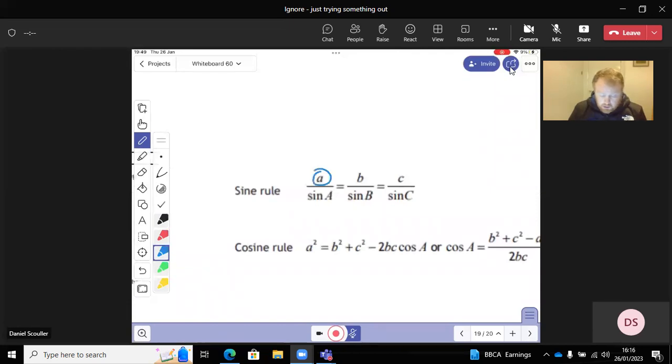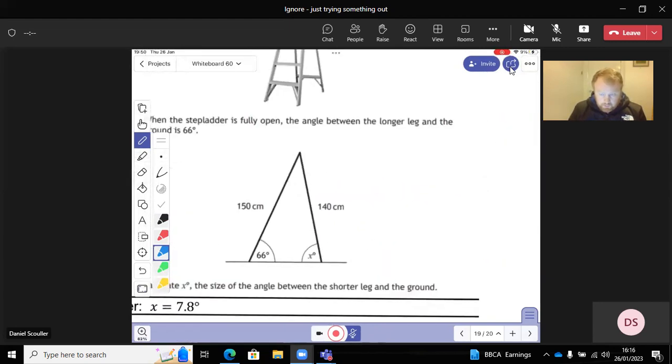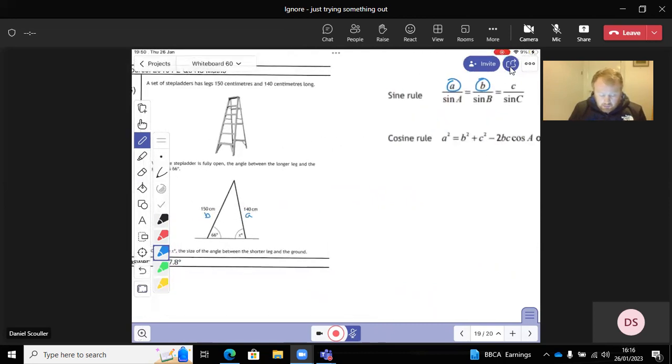Let's circle A and B. Say we've got side A and side B, and we can start labelling up if you want. We've not got side C, the third side, but we might not need it.